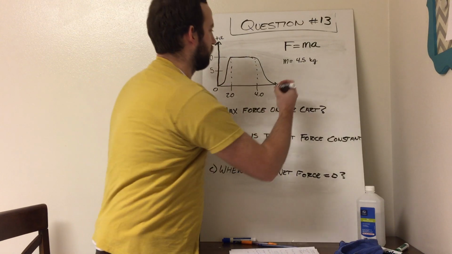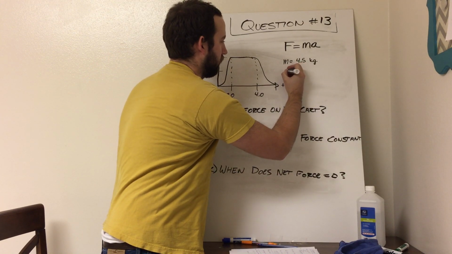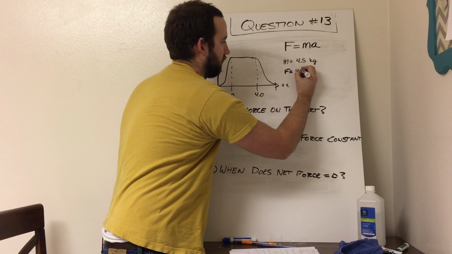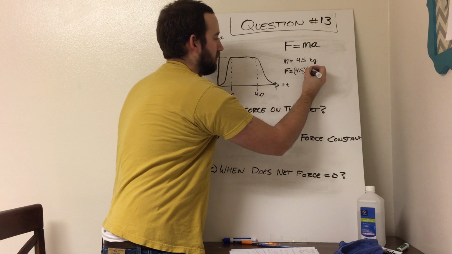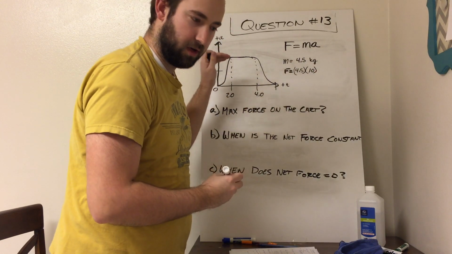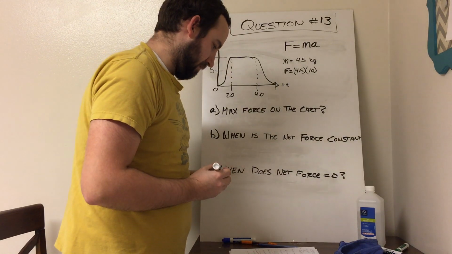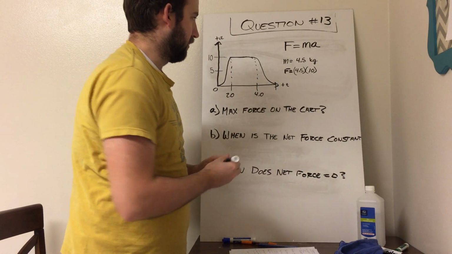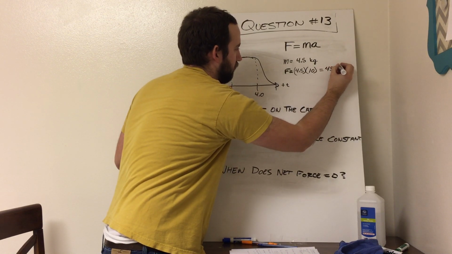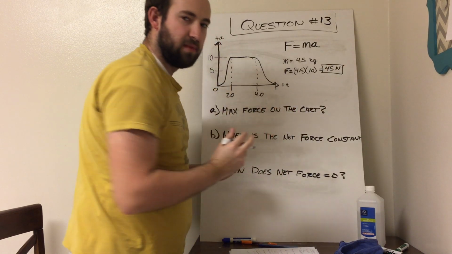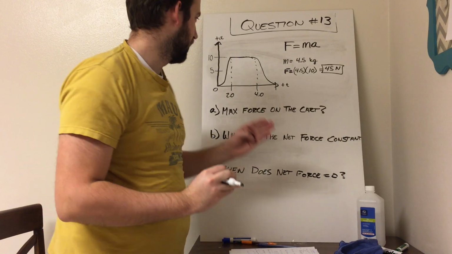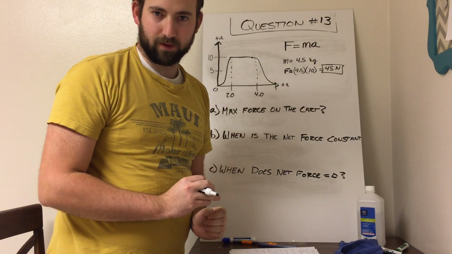So force equals the mass, 4.5, times 10, since that's our max acceleration. When we do that, we end up with 45 newtons. That's the maximum force acting on this cart during the time period we're given.